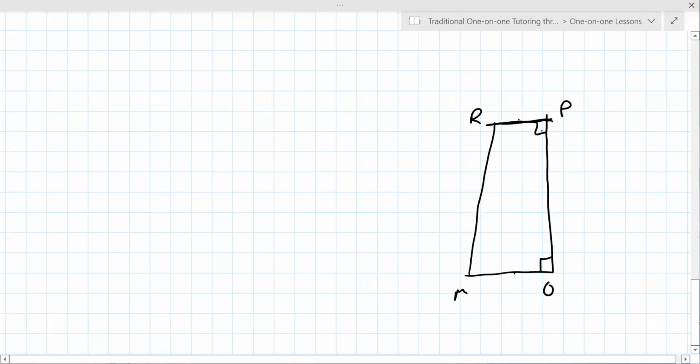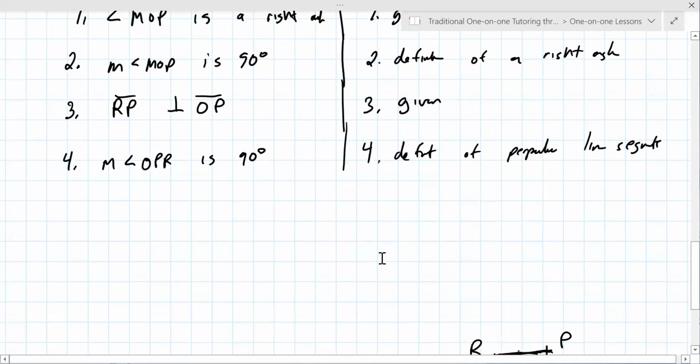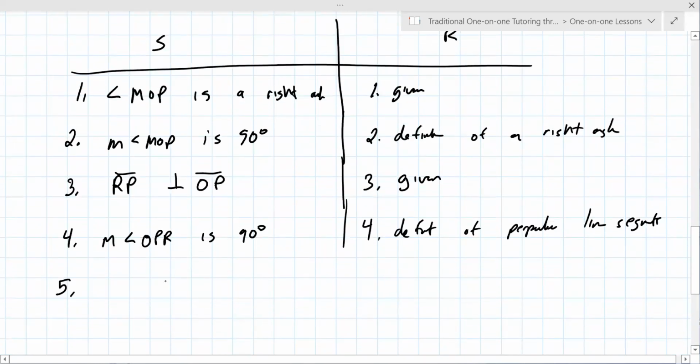So since the angles add up to 180, they're called the same side consecutive angles. You remember that? So now we have to say, okay, the measure of angle MOP plus the measure of angle OPR equals 180.